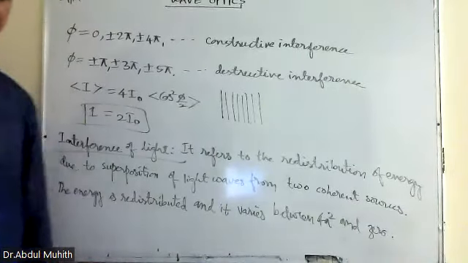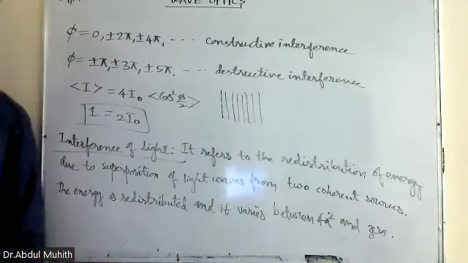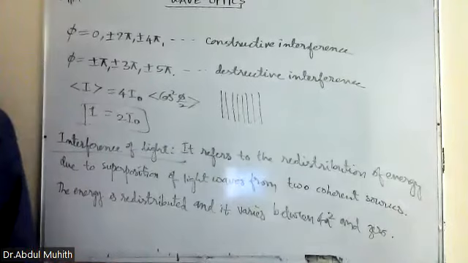Now we have interference of light by Young's double slit experiment. The derivation is deleted; only the concept I am explaining.